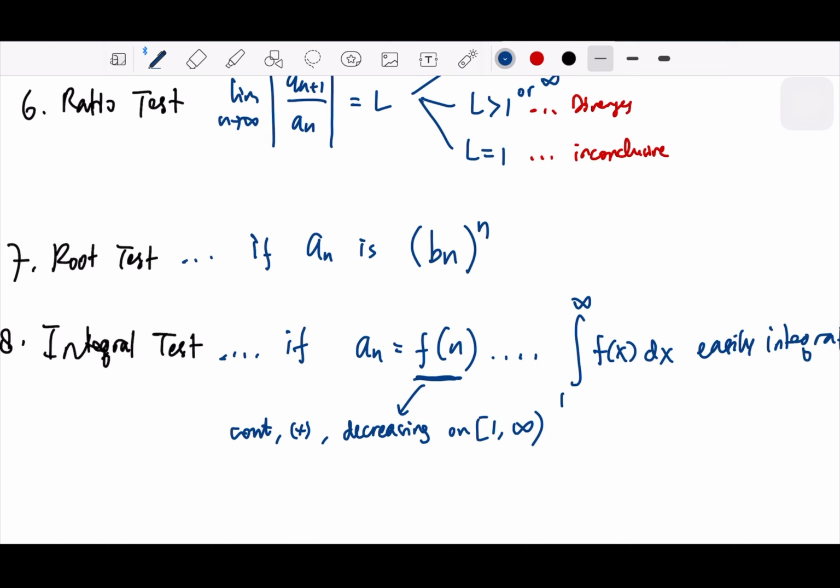Okay. Why do we need to have positive? Because we want to have precisely the area under the curve between the axis and the curve. Okay. So if the curve itself is not a positive function, then we cannot be sure how we can integrate and calculate the area under the curve.